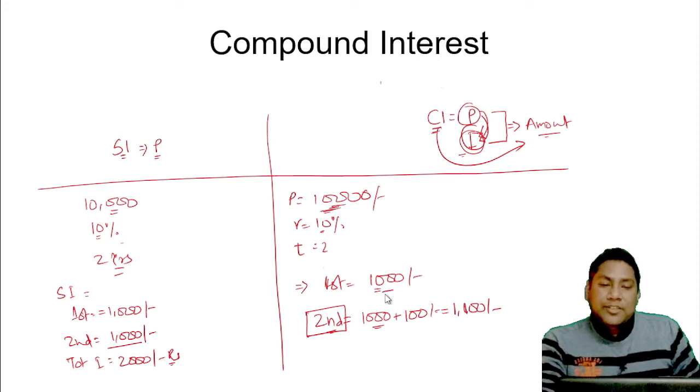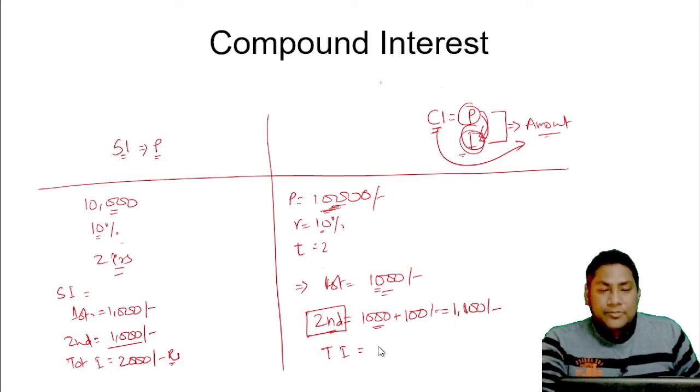So what is the total interest? The interest of the first year and second year, that is 1,000 plus 1,100, that is 2,100 rupees.